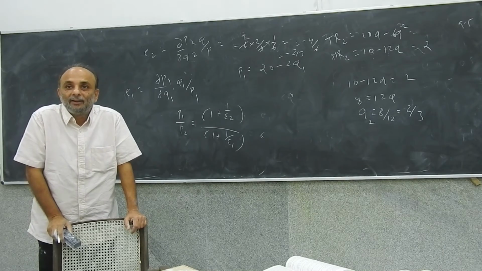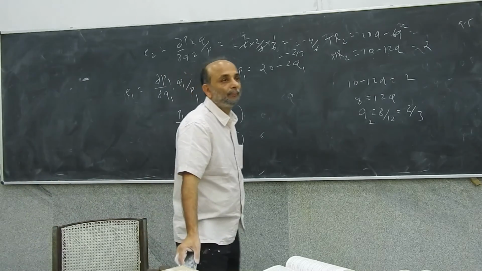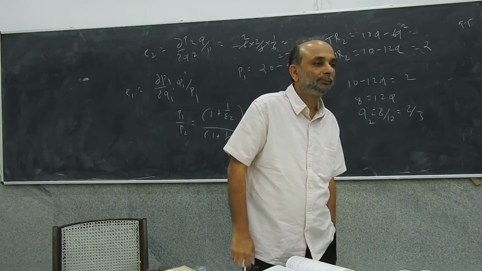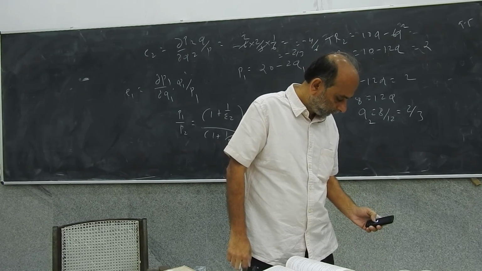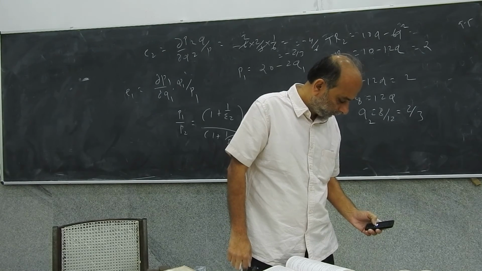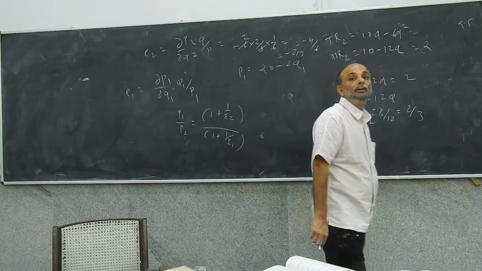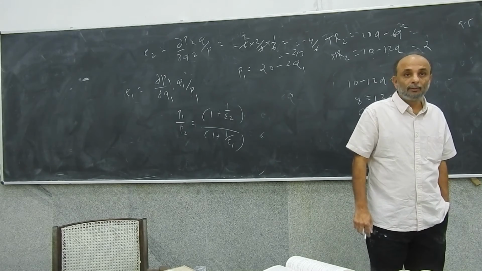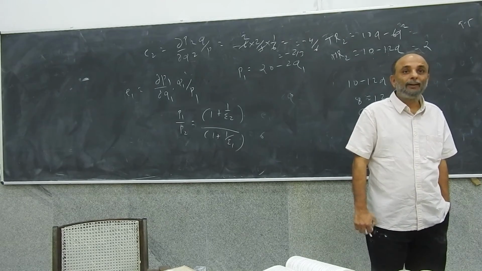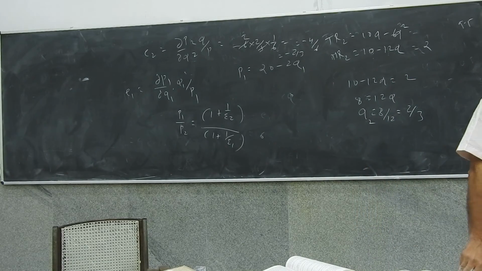If you put this into the formula, P1 by P2 is about 4 by 10. So P1 is less than P2. The price in the first market will be lower than the price in the second market.